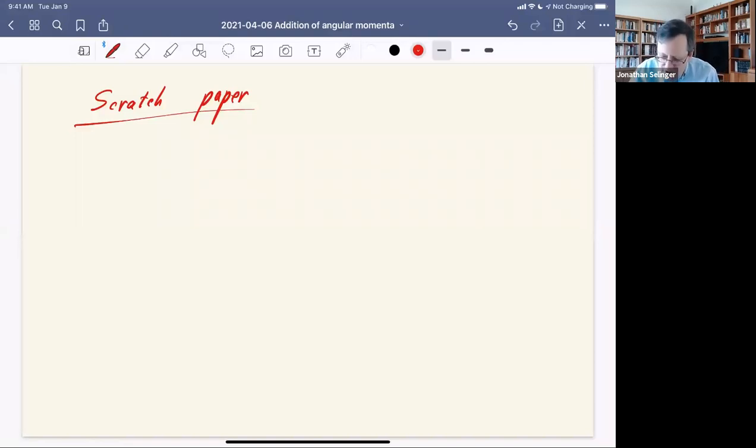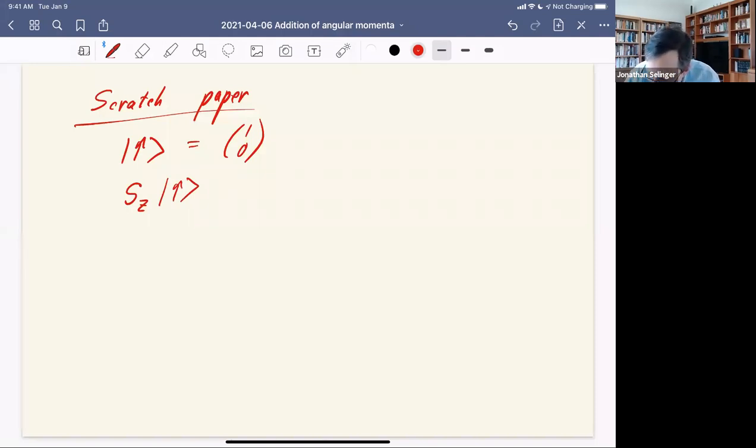What if we just have one particle in a state like up, and we have Sx act on it? That's easier to think about if we use our notation like 1, 0. Remember that 1, 0 means 1 times the up state plus 0 times the down state.